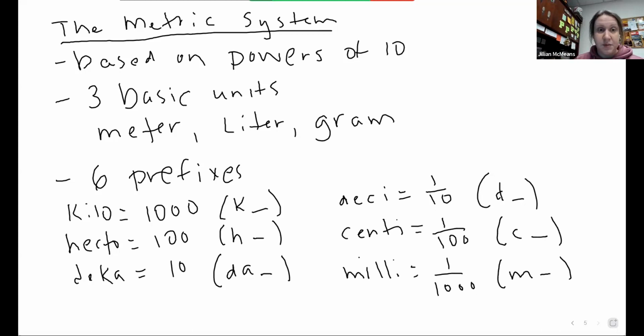And I think the best way to explain this is just to dive in with examples, okay? So first of all, there is an order to this. And if we go largest to smallest, we have kilo, hecto, deca. Let me rewrite that. That looks ridiculous. We have a single meter. That single meter counts.